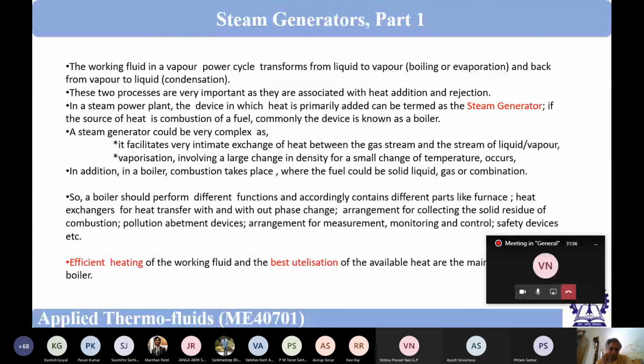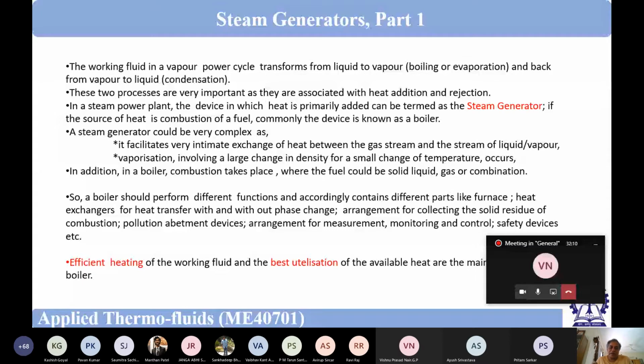We have already seen that heat can be added also in another equipment, that is the feed water heater. So we are not discussing that; some discussion of feed water heater we already have. So the primary place where heat is added is called the steam generator.